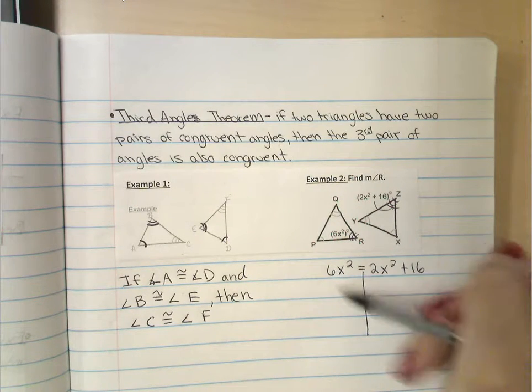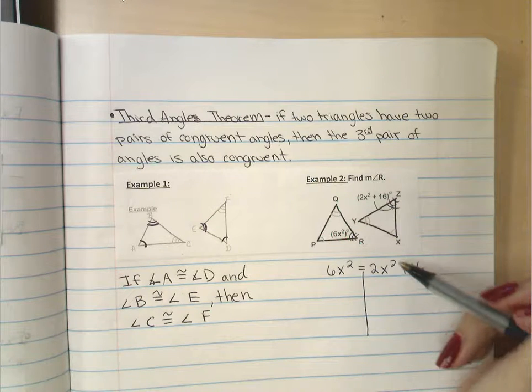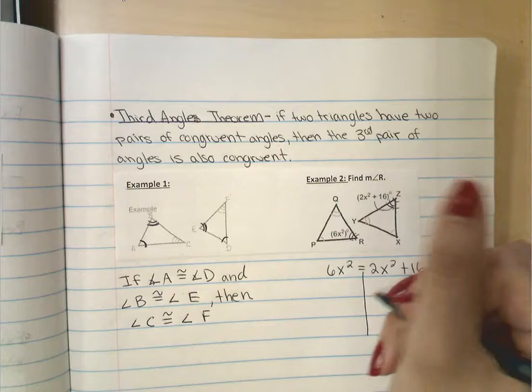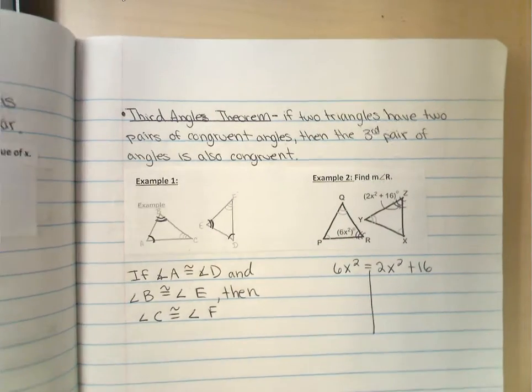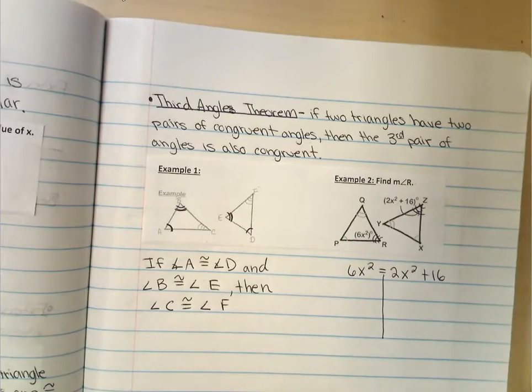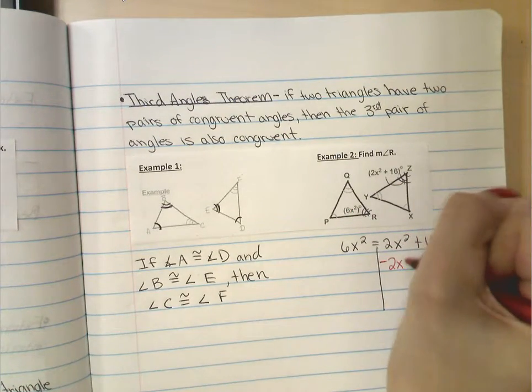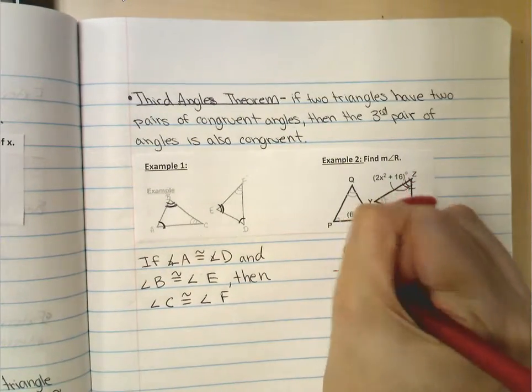Now I have exponents, but I'm going to do the same thing that I do with my other equations. I need to get the x's on one side only. So I'm going to subtract the 2x squared from both sides.